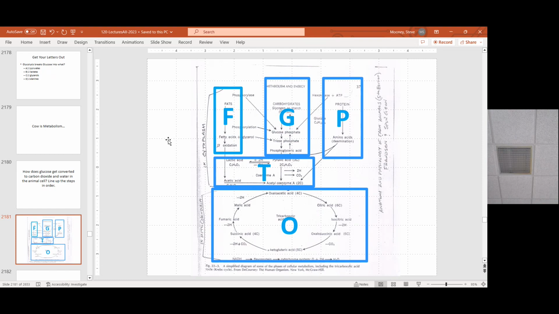Carbohydrates come in on the top up here. Where's everything turned to CO2 and water? Oxidation. We need 2 carbon units going in that fire, and they should be burned completely to CO2 and water. So to get from G to O, what do we have to do? GTO is the sequence.